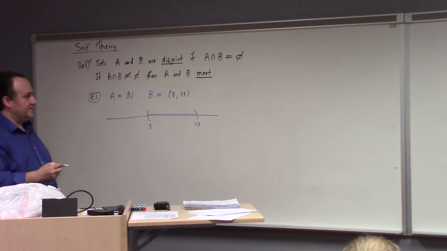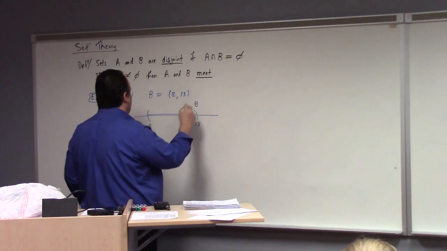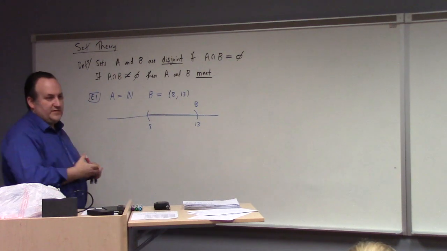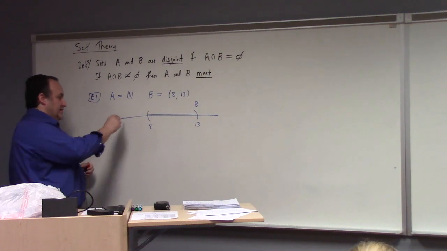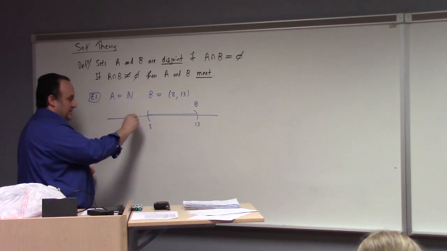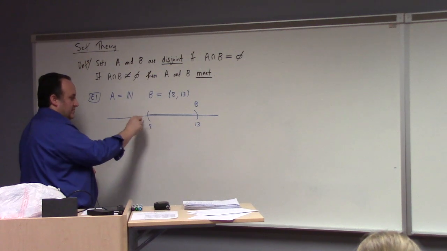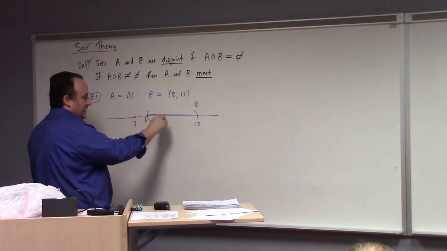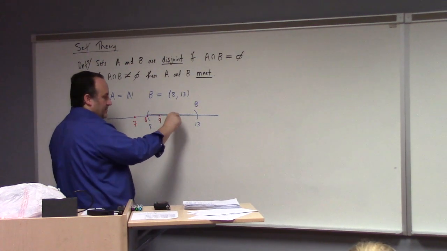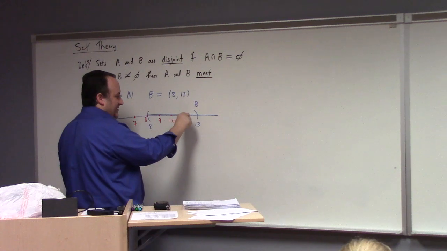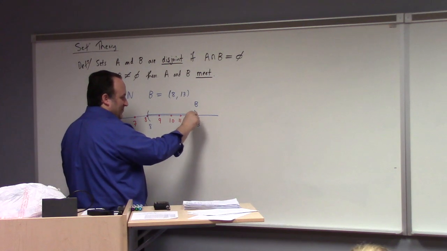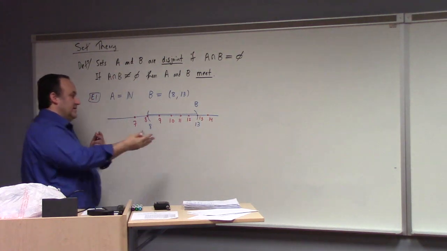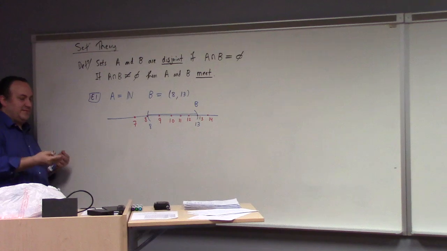That's my B. How do you picture the natural numbers? It's just whole numbers, so I'll draw them as dots: 7, 8, 9, 10, 13, 14. So here, certainly A and B meet, right?